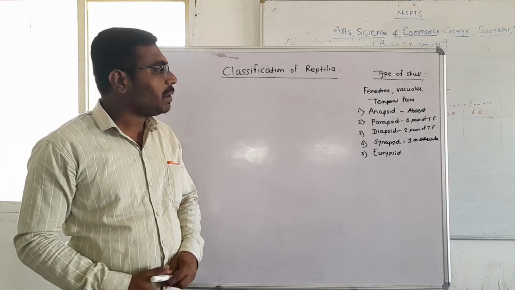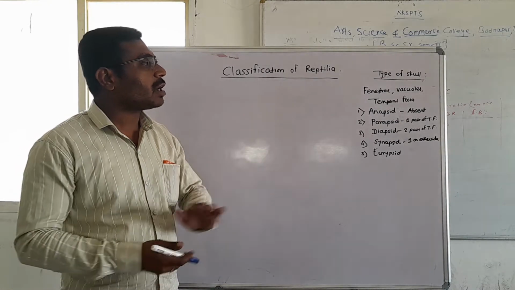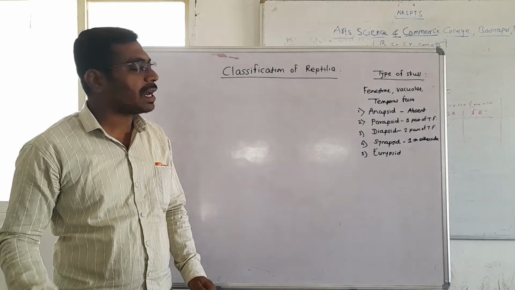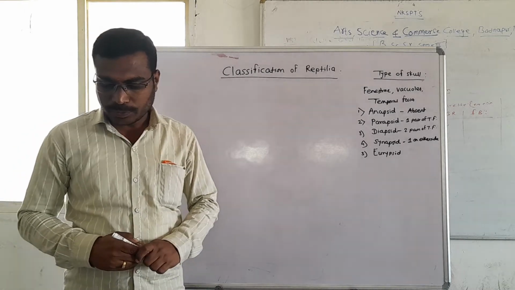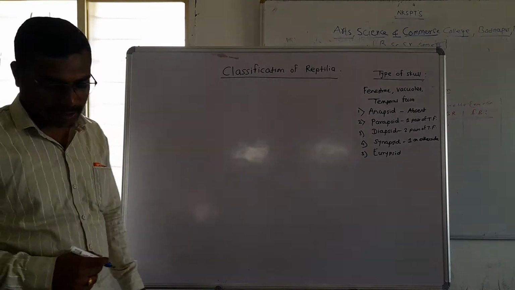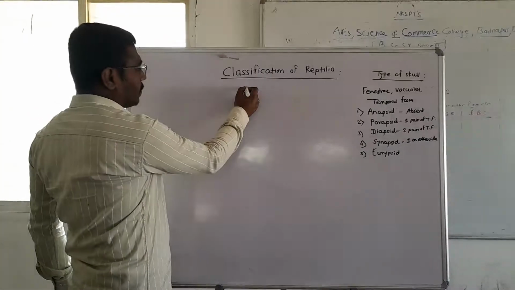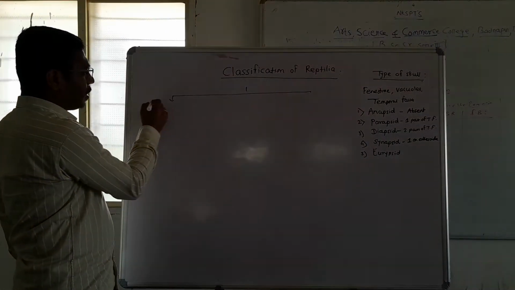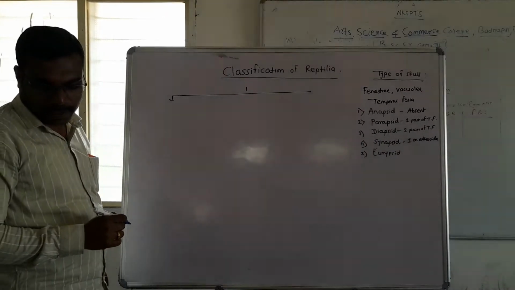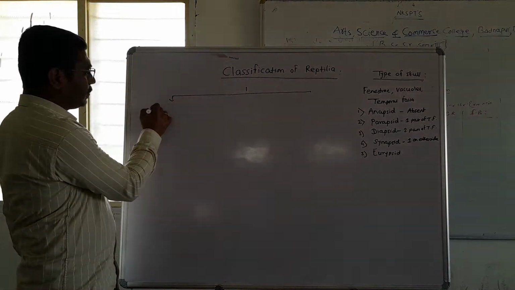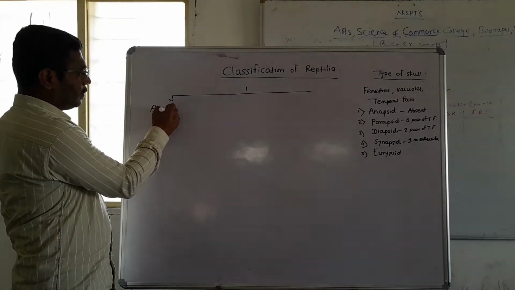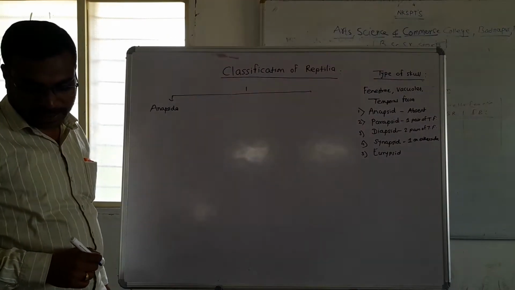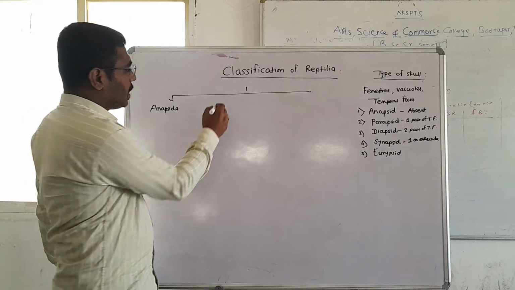And depending on presence or absence of these skulls, reptiles are classified into the following orders. Class Reptilia is classified into 4. First is Anapsida. Second order Parapsida.